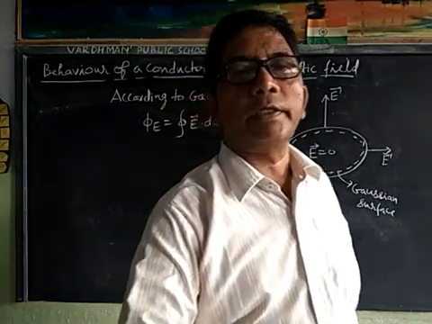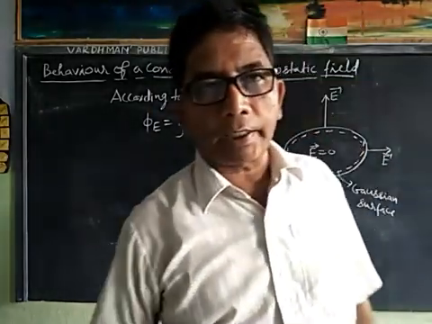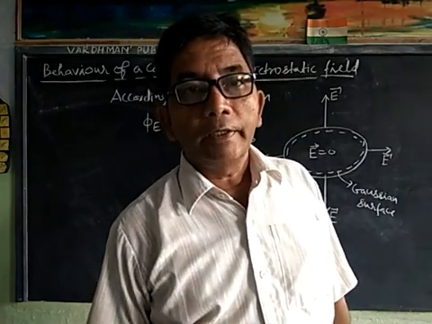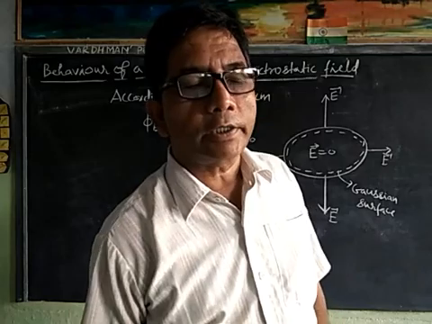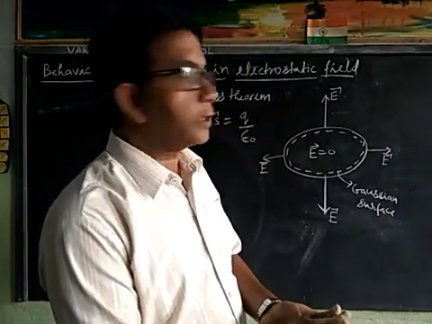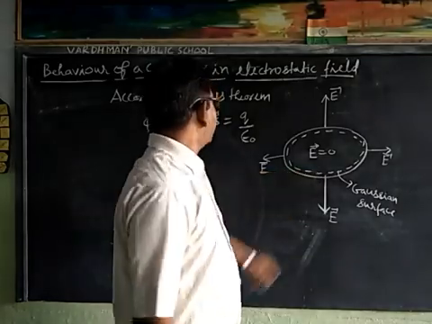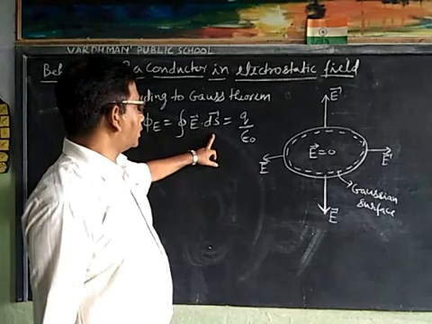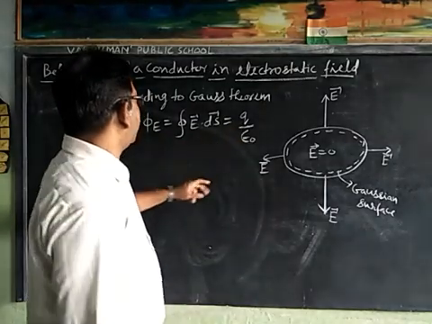Thus we can repeat it. Net charge inside a conductor is 0 and excess charge given to it resides on its surface. Now according to the Gauss theorem, phi E is equal to integral E dot ds is equal to q upon epsilon naught.